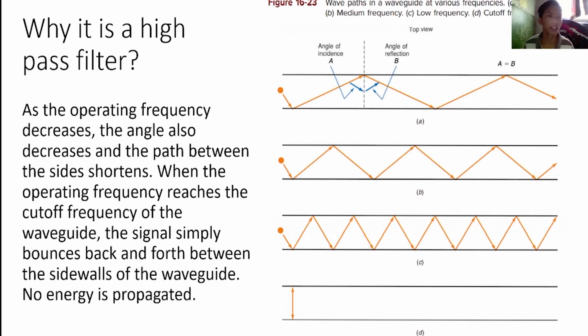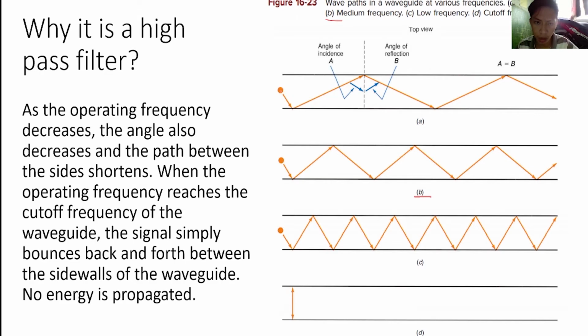Okay, so why is it a high pass filter? As I've said a while ago, there will be a comparison between the frequencies. As you can see, this one is high frequency, the letter A. D is a medium frequency, and so on and so forth. Imagine this is the top view.